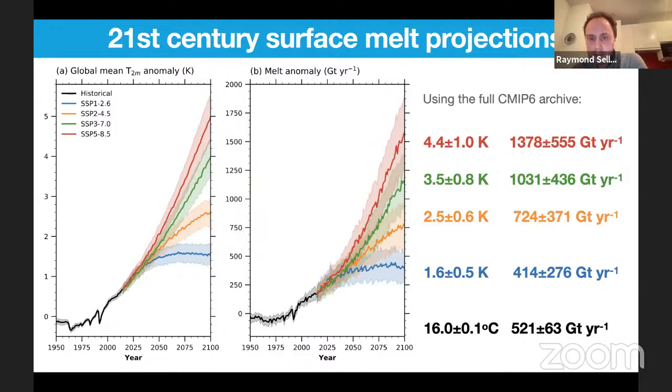For SSP1 2.6, the increase in the last 20 years of the simulation is 1.6 Kelvin of global mean temperature, which translates into 414 gigatons per year of increased surface melt. 2.5 degrees extra warming in SSP2 4.5 translates into 724 gigatons per year. 3.5 Kelvin global mean warming translates to 1,031 gigatons per year. And the most pessimistic scenario gives a global mean warming of 4.4 Kelvin, translating to 1,378 gigatons per year. These estimates are quite high compared to what was previously estimated for the CMIP5 models.